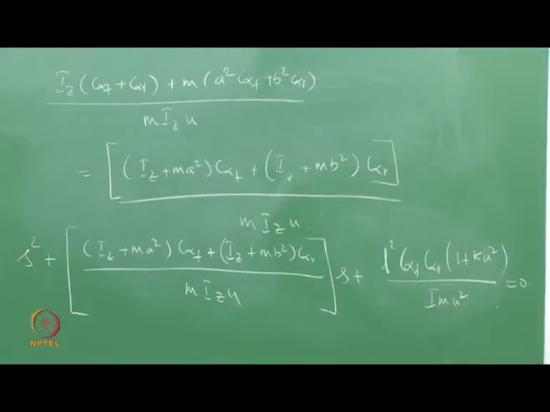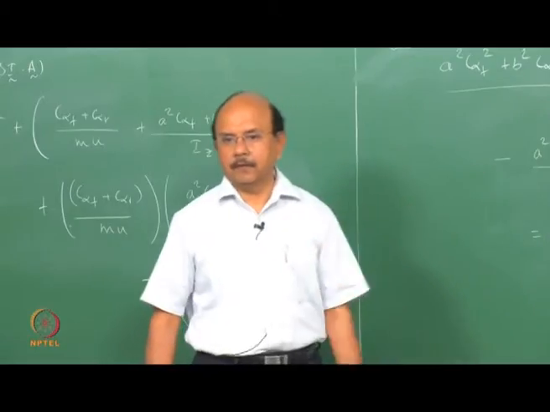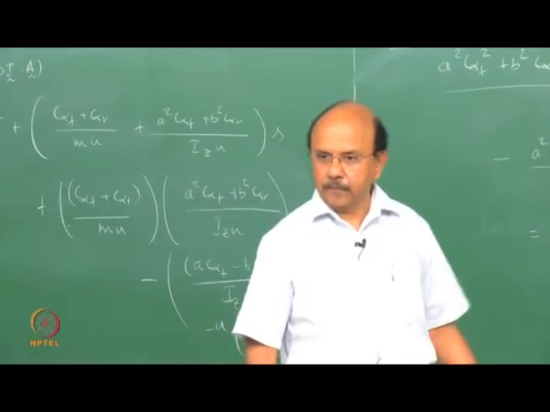Okay. Now from this I can find out the poles, and then write down the omega n and the damping ratio, zeta, right?